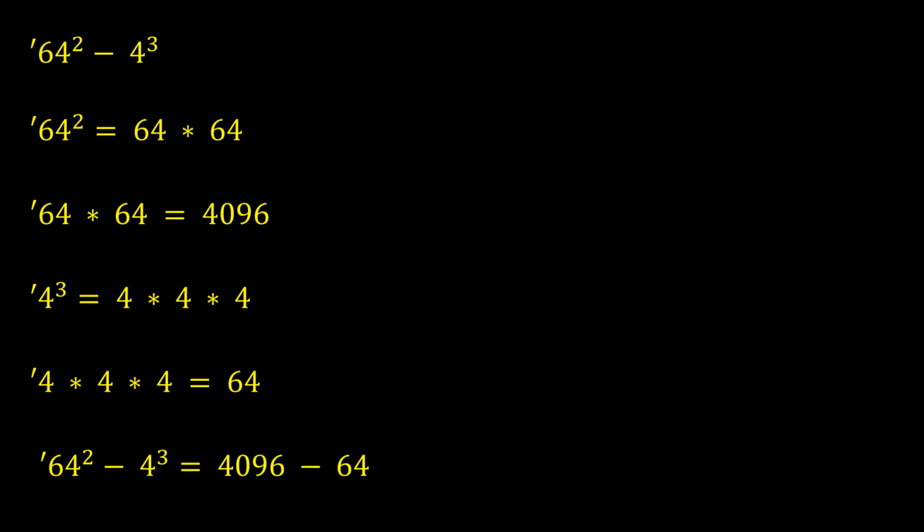Now we substitute these values back into the original expression, 4,096 minus 64. 4,096 minus 64 equals 4,032.